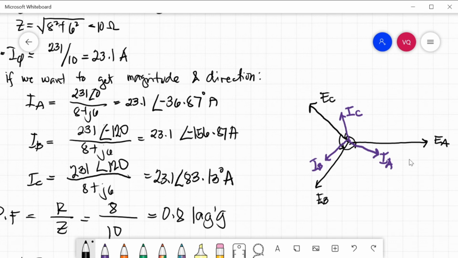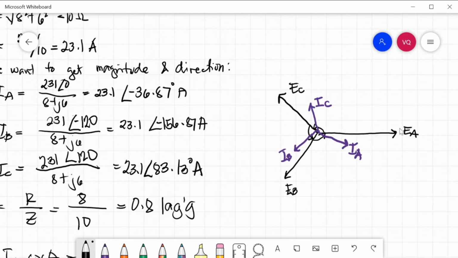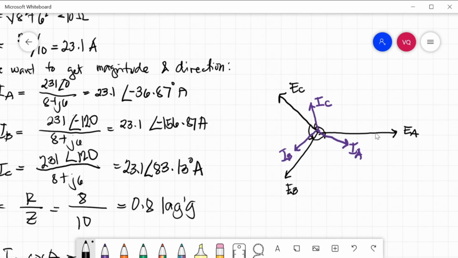So if we are going to draw the vector diagram of the phase voltages and phase currents, the reference is in phase with the phase voltage EA. EC is 120 degrees apart with respect to EA, and also EB is 120 degrees apart with respect to EA. EB and EC are also 120 degrees apart. Now, our IA is placed at negative 36.87 with respect to the reference.